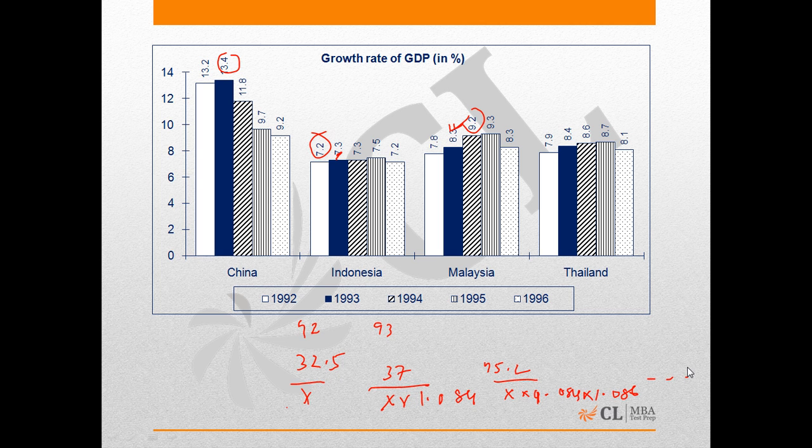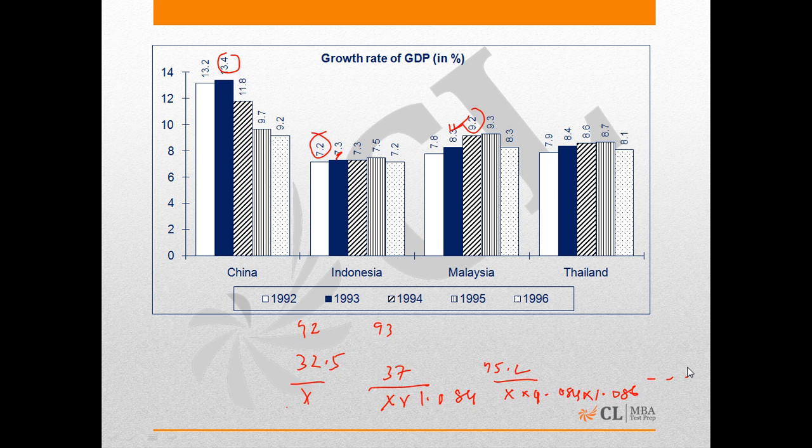If we observe closely, then we can see that the rate of increase in merchandise export is more than that of the GDP throughout the given period for Thailand. So on the basis of this, we can say that the ratio of merchandise export to GDP will keep increasing from 1992 onwards till 1996, that is the last year during the given period.